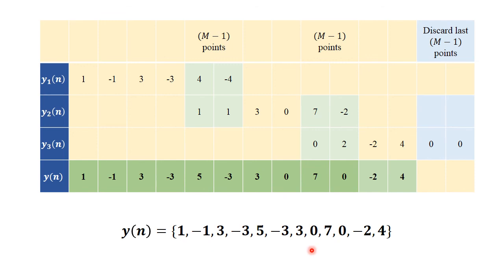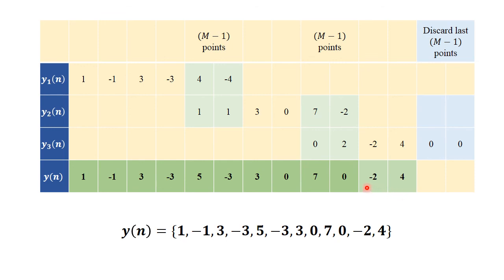So in this case we must keep one thing in mind. While dividing the sequences into smaller sequences previously, what we considered was for x3 of n, additional 2 zeros we took so that the sequence length became equal to 4. Right, that is corresponding to these two values.